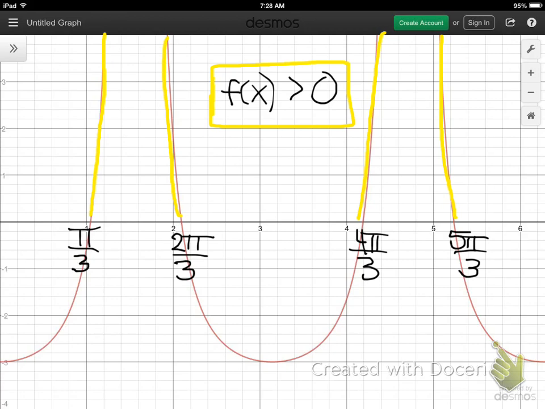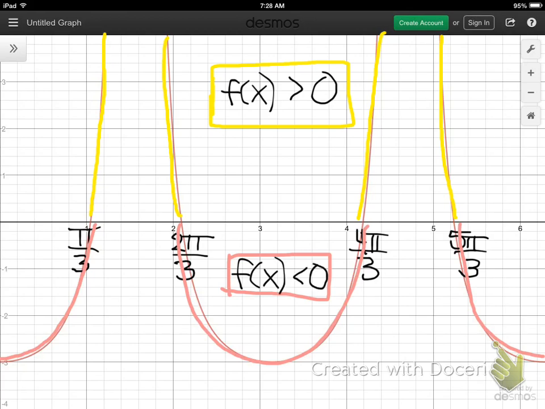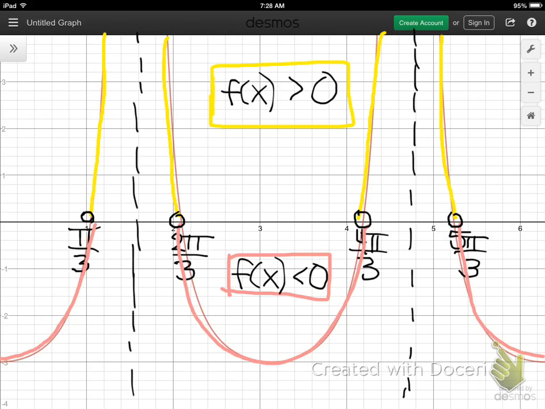So while I'm here, I'm going to go ahead and highlight that in a different color. Neither of these have equals on them. All these points would be open circles, okay? One more thing to consider is that there's an asymptote here and here, okay?